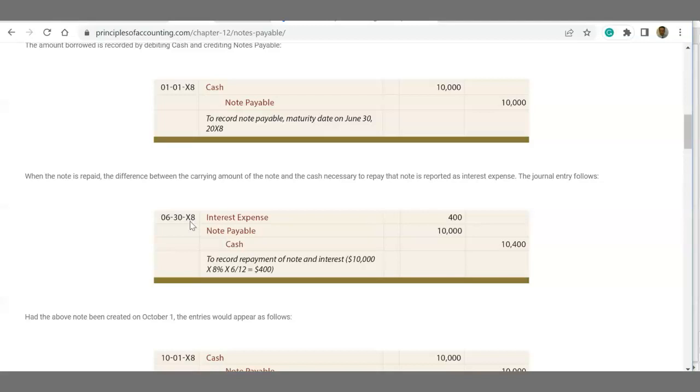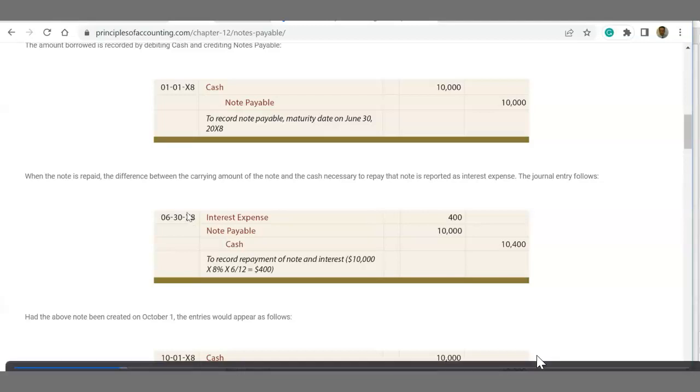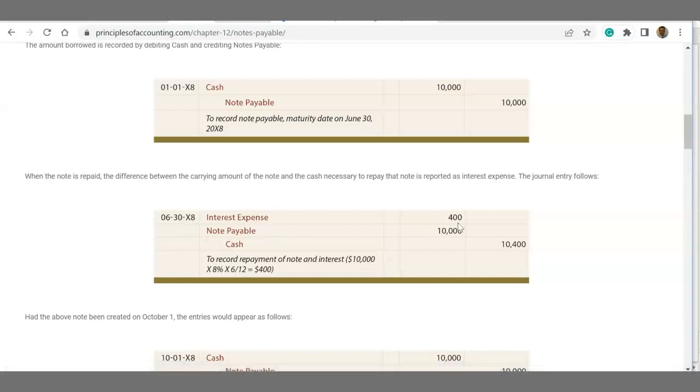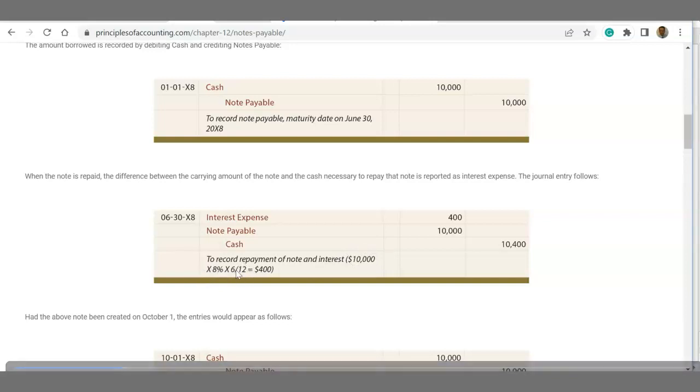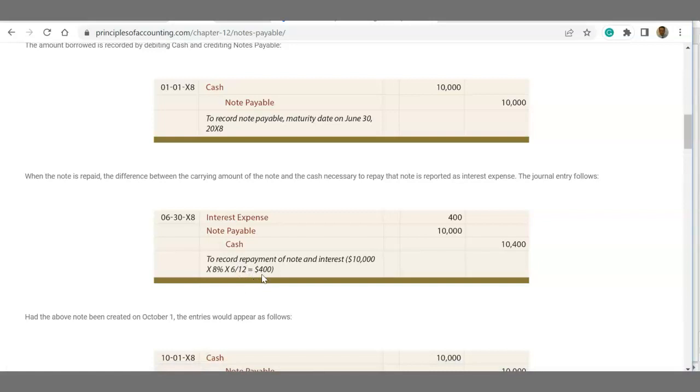And 6 months later, they can easily recognize the interest expense at the end of 6 months by debiting $400, which is $10,000 times 8% times 6 months out of 12 months, and that gives us $400. So interest expense will be recognized for $400.